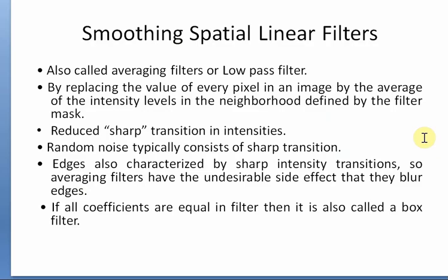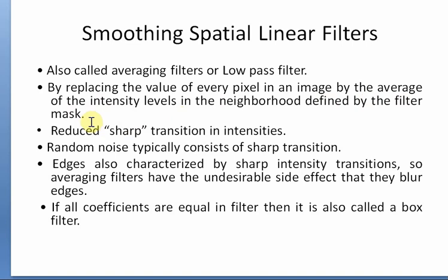Now, smoothing spatial linear filters are also called averaging filters or low pass filters. They replace the value of every pixel in an image by the average of the intensity values in the neighborhood defined by the filter mask.